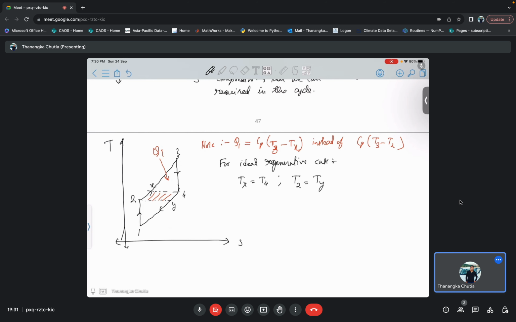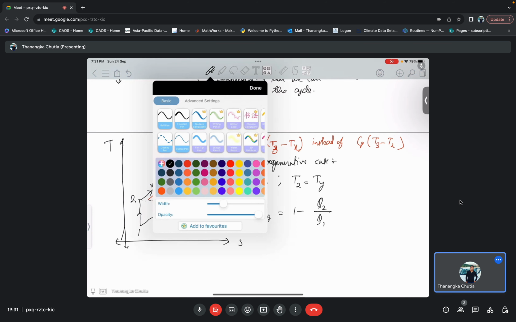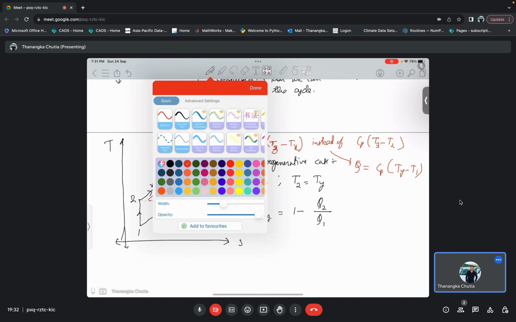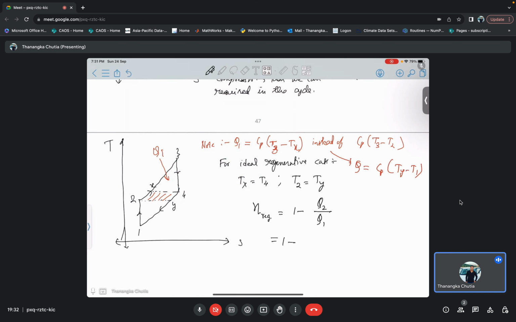So now what will be my efficiency then? Eta regenerative will be 1 minus Q2 divided by Q1. Yes or no? So now my Q2 is also getting changed. Q2 is also equal to Cp times now Ty minus T1. Yes or no? So what I can write is 1 minus (Hy minus H1) divided by (H3 minus Hx).